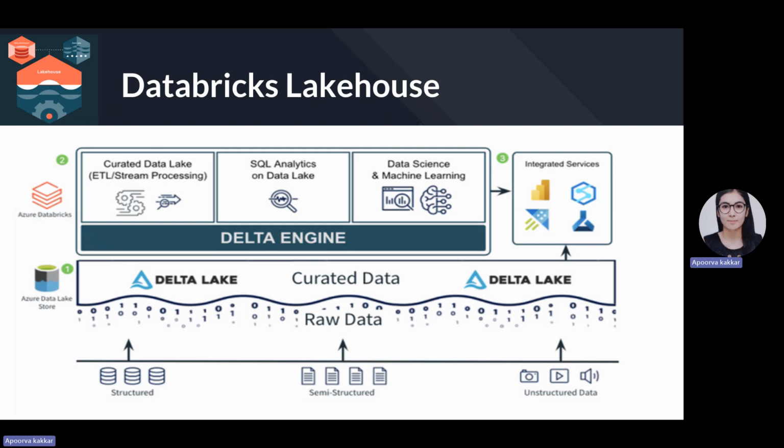Then there is a layer, Delta Lake, which is built on top of the raw data layer to enhance reliability and performance. Some features of Delta Lake are that they follow ACID transaction properties. Then they support batch processing as well as real-time streaming, and there is schema enforcement inside it. Above this is the Delta Engine, which processes raw data into curated data.